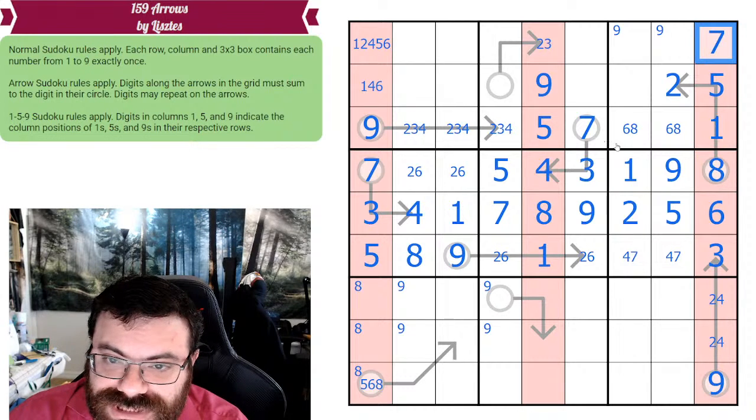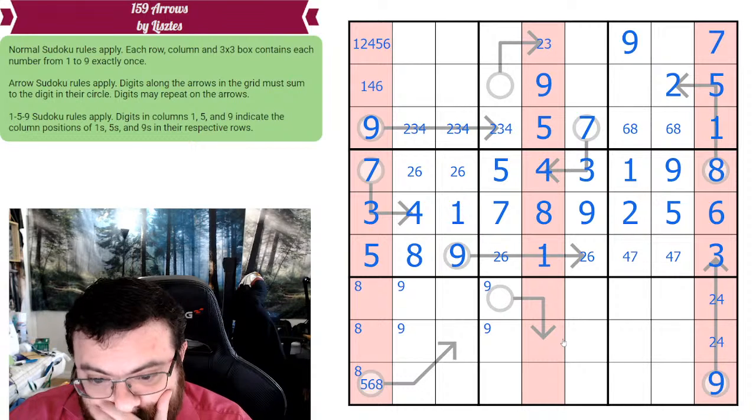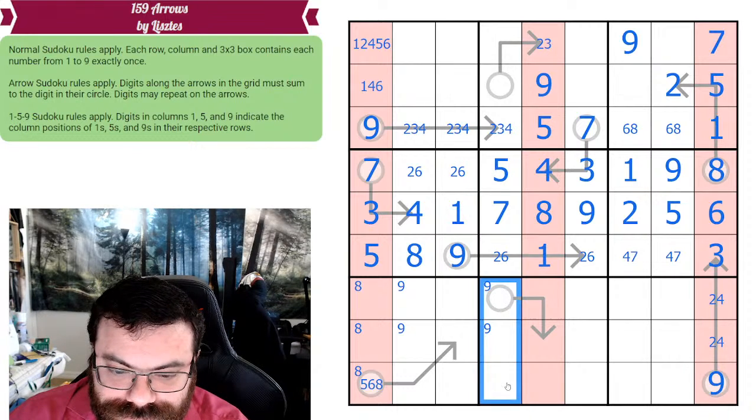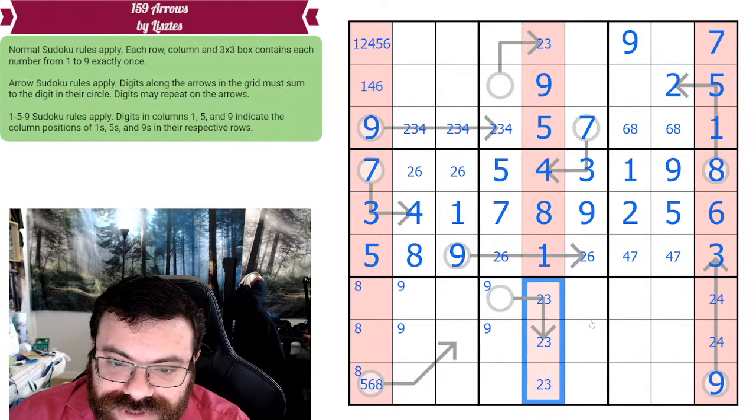That 8 puts a 7 there, that puts a 9 there. These, we need 2, 3, 6, and 7.